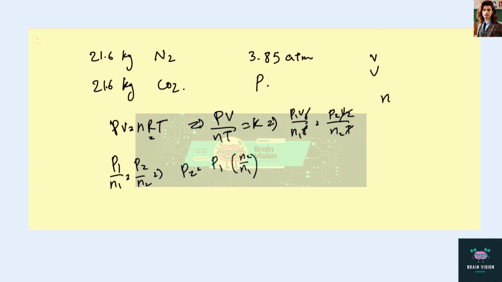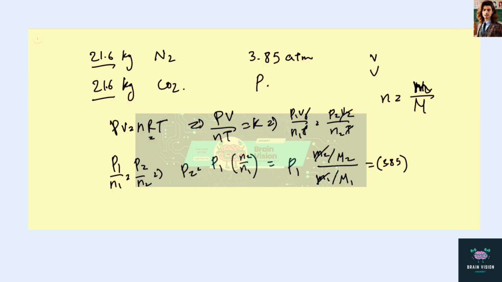We know that the number of moles of any gas is the mass of the gas divided by the molar mass of the gas. So that gives us P1 times m2 by capital M2 by m1 by capital M1. Now we know that m1 and m2 are both 21.6 kilograms, so we can cancel that. So P2 is 3.85 atmospheres times, we can write this as, M1 by M2.